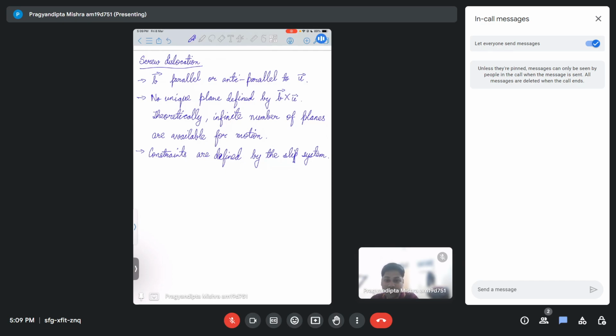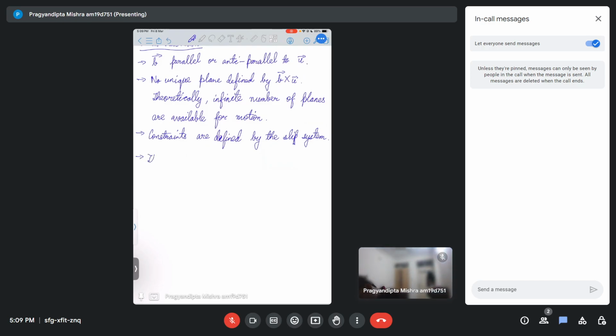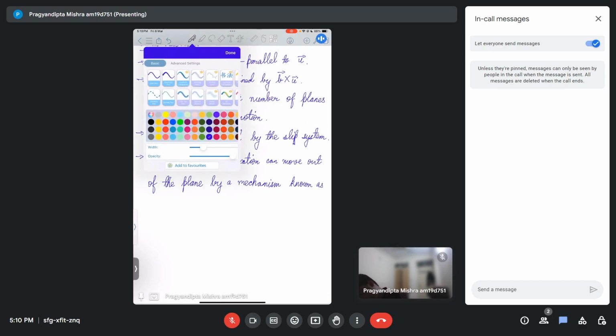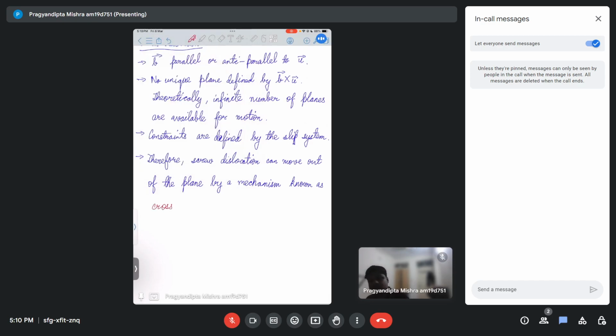Therefore, a screw dislocation can move out of the plane by a mechanism known as cross slip. Okay.